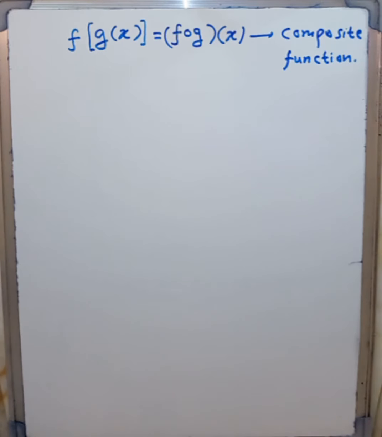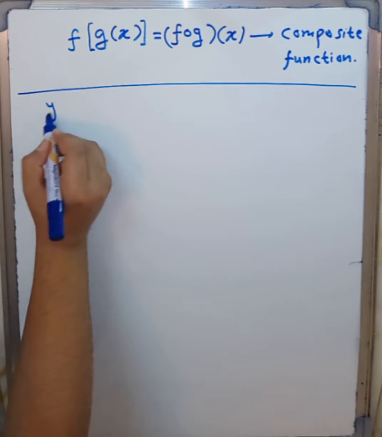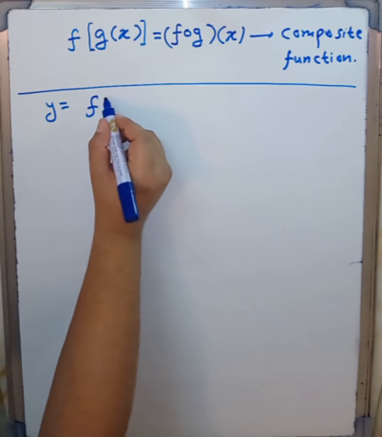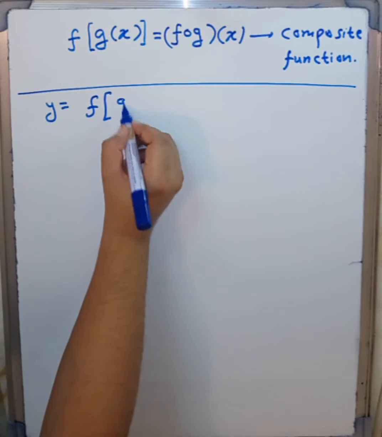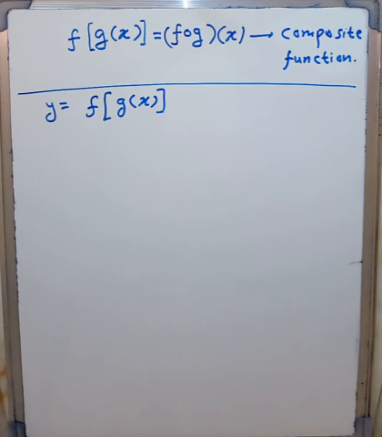Now let us see how to differentiate these types of functions. Suppose we have a function y which is a composite function, f operating on the function g. In this case, we use substitution.